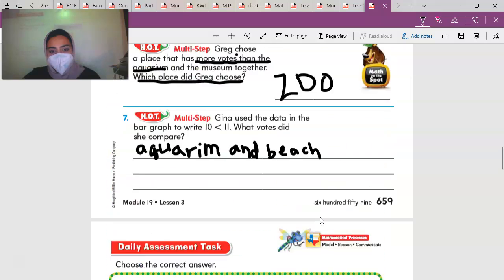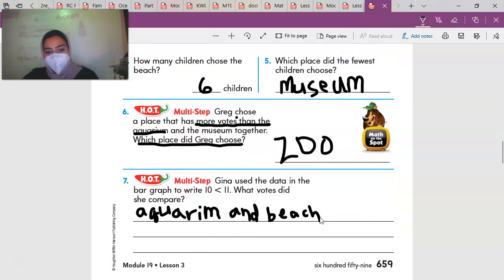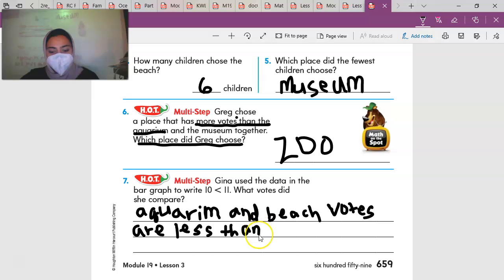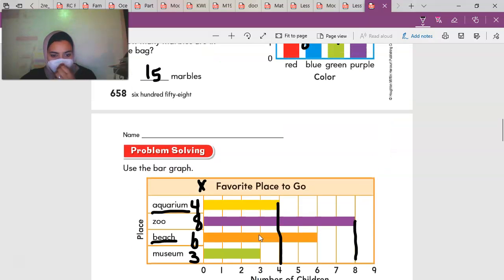Right? That they're voting, or what are they doing here? Favorite places to go. Yeah, they're voting. Aquarium and beach votes are what? What sign is this? Greater than or less than? Good. Are less than. Are less than, and then you're going to look up less than 11.